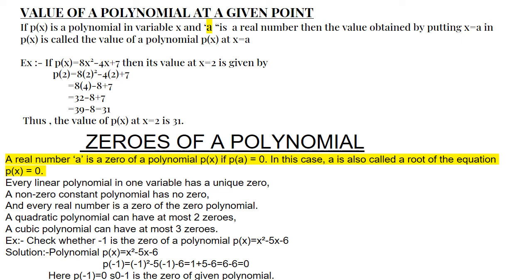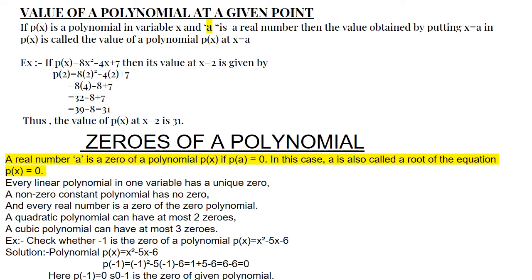So this is minus 1 square minus 5 into minus 1, minus 6. Minus 1 square is equal to 1, and minus 5 into minus 1 is equal to plus 5, minus 6. 1 plus 5 is equal to 6, and 6 minus 6 is equal to 0. Here p(minus 1) is equal to 0. So minus 1 is a zero of the given polynomial.